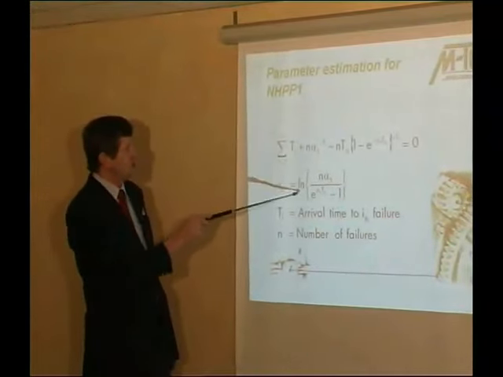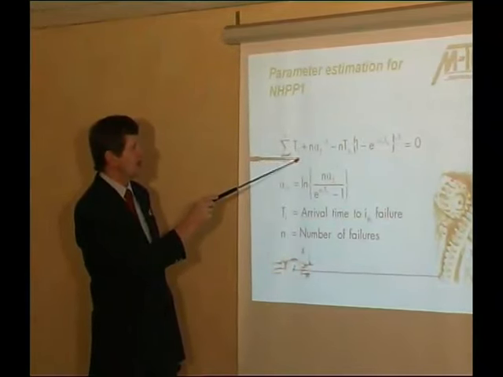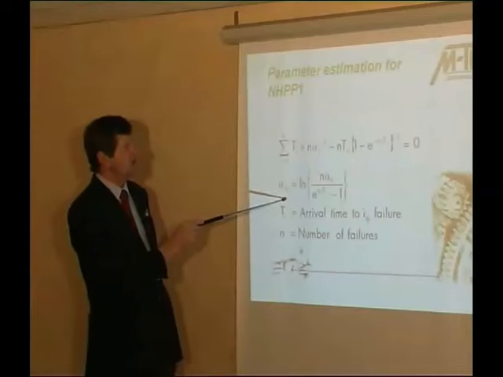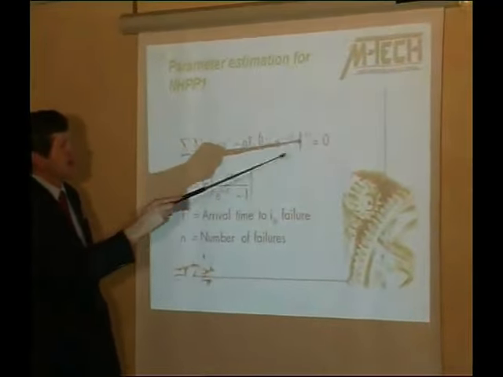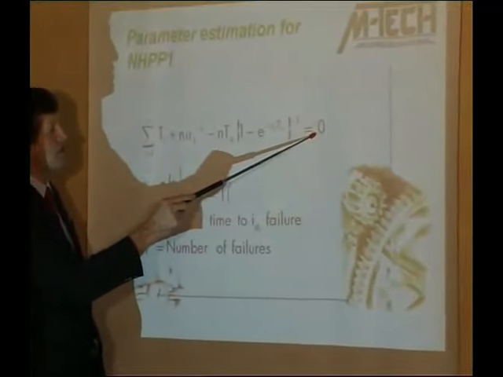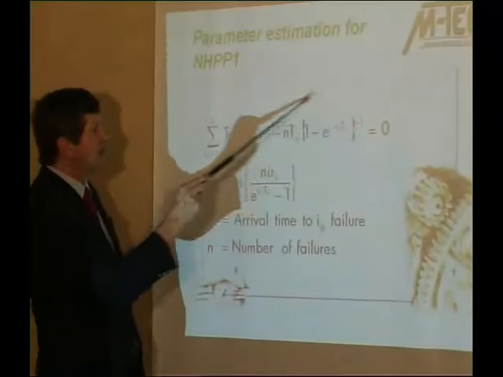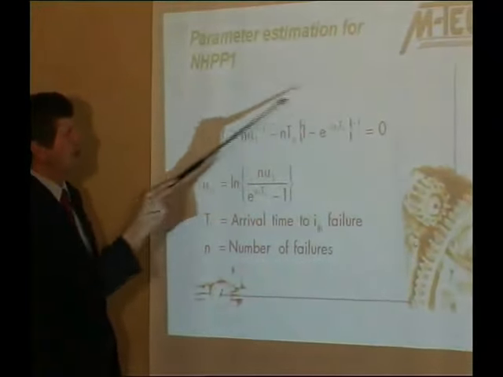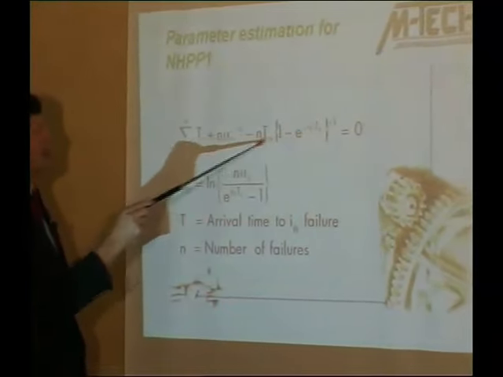We have two equations here. The first equation we use to find alpha 1, and the second equation to find alpha 0. In the first equation, the right-hand side equals 0, and is thus a fixed number. On the left-hand side, we need to find the value of alpha 1, because all the other quantities here are known.